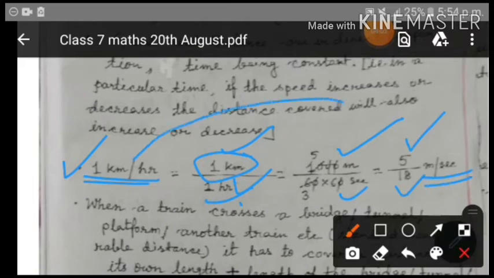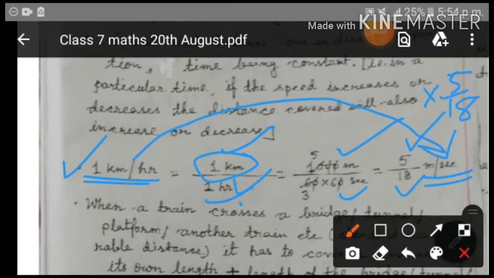So in this way I am converting one unit of speed to another, that is, I am converting 1 kilometer per hour to meter per second. Just keep in mind that whenever you have the speed in kilometer per hour and need to convert into meter per second, you multiply with 5/18.